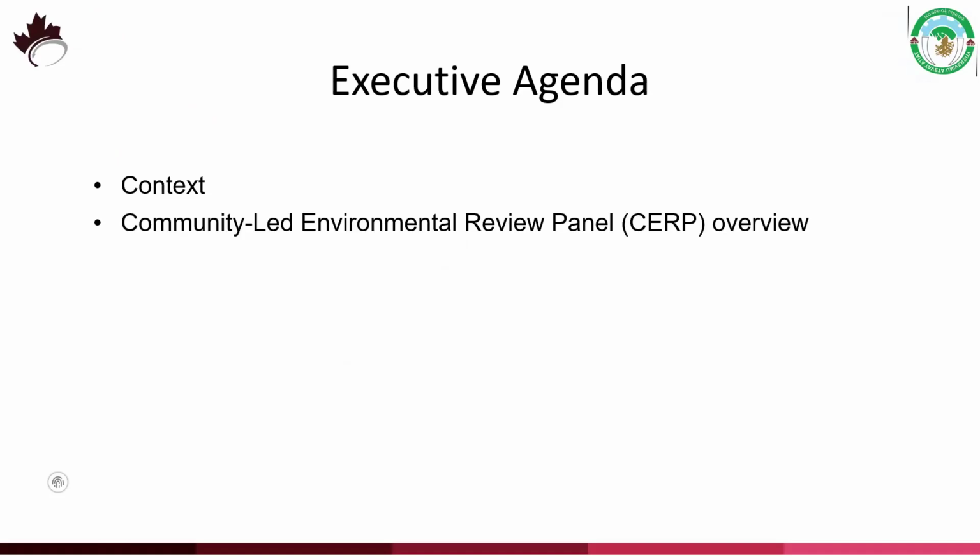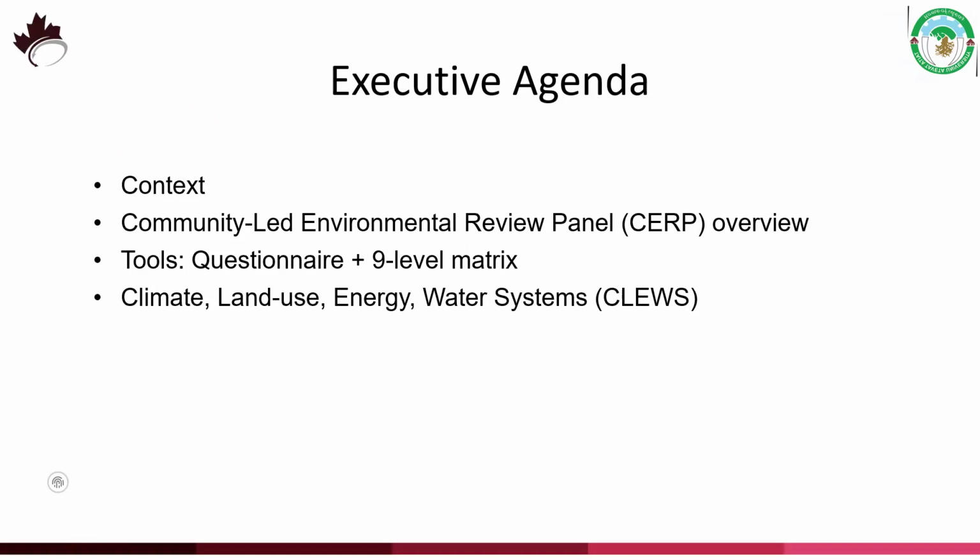So we're going to talk about the context and the idea of a community-led environmental review panel. And we're going to talk about how that review panel will work. There's two tools, primarily a questionnaire and a 9-level matrix. And the emphasis here is on CLUES: climate, land use, energy, and water systems.